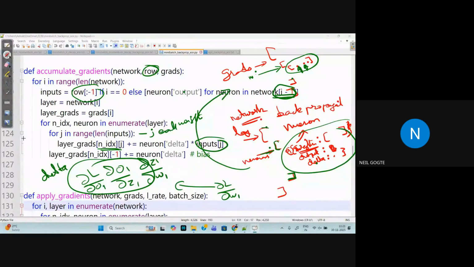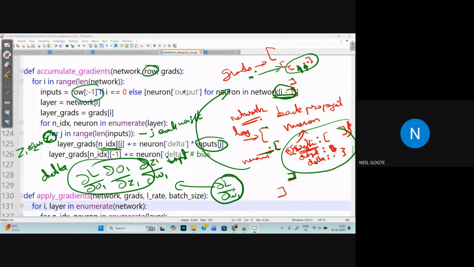If you take Z1 as sigma of Wi xi, the derivative with respect to the actual weight is equal to the input. So the input of that layer, that is why this input comes. Only then will you get dou L by dou W1.